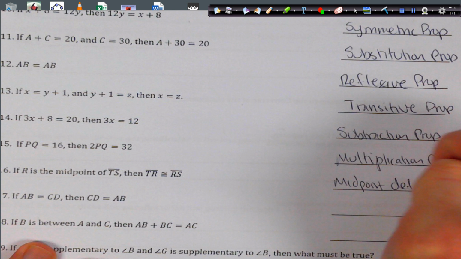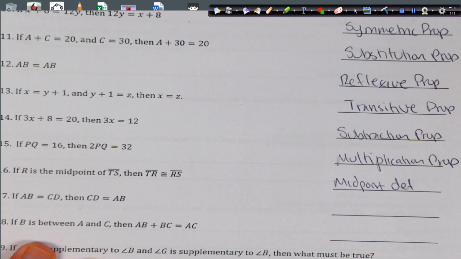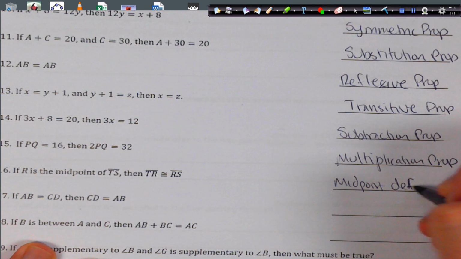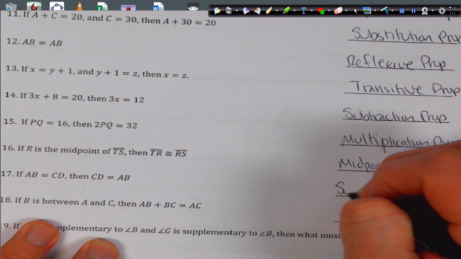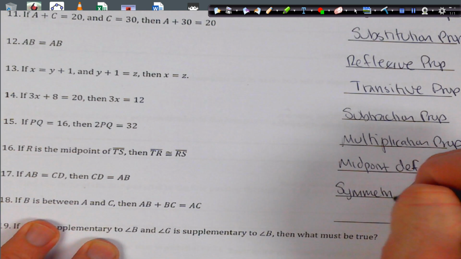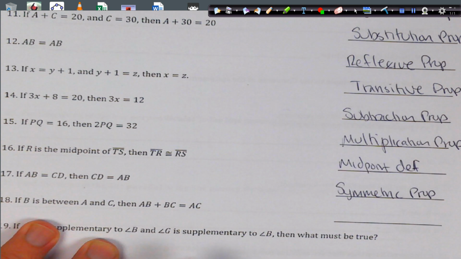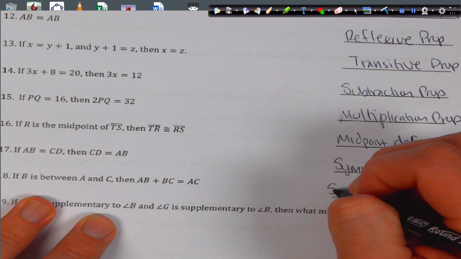Definition, or definition of midpoint. AB equals CD, then CD equals AB, again that's symmetric, so that's a repeat. B is between AC, then AB plus BC equals AC, that is our segment addition postulate.